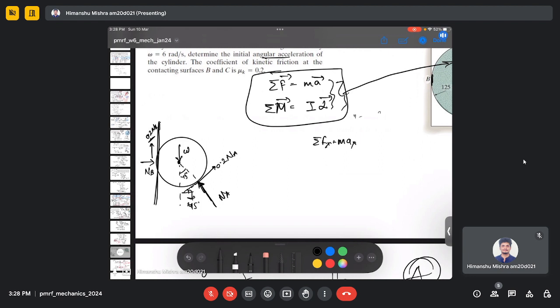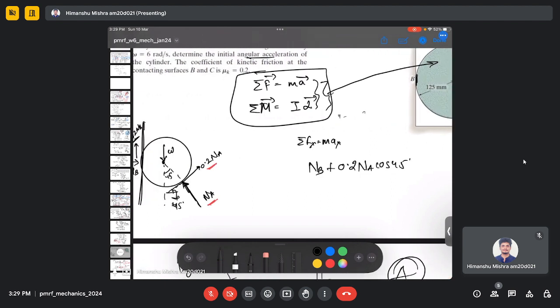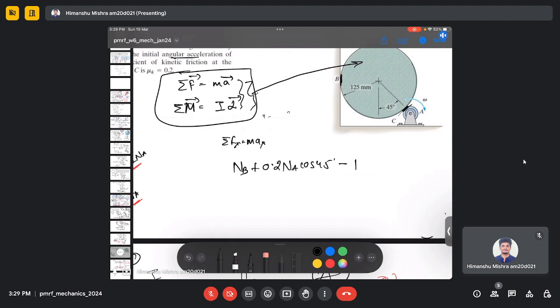In the horizontal direction, it will be due to the friction force 1 to NE, and the friction force at A, and it will also be due to the component of this normal reaction, which is NA sin θ, which is equal to mass into acceleration in the horizontal direction.